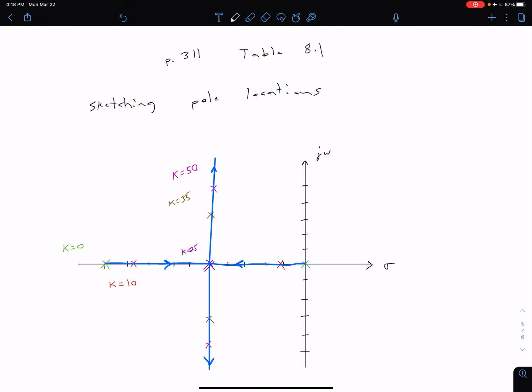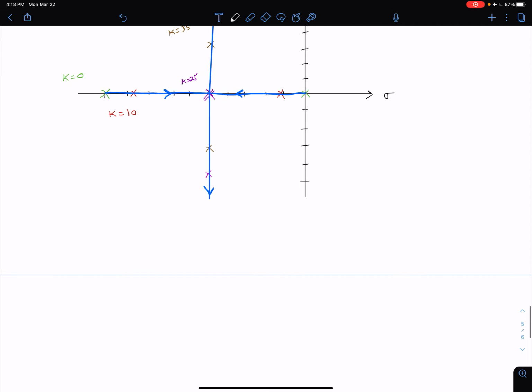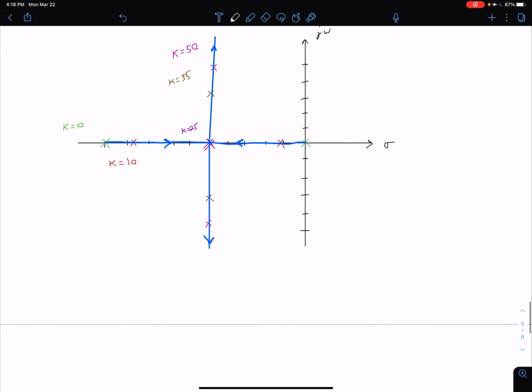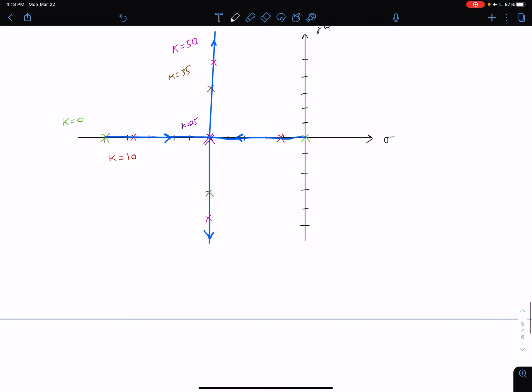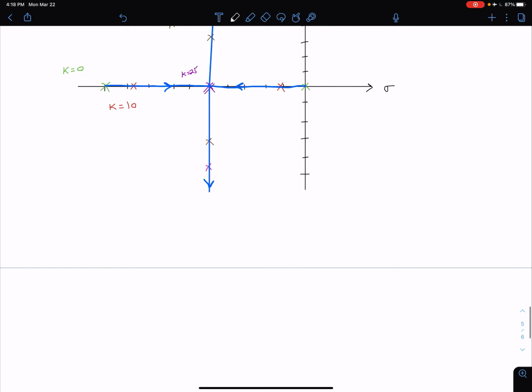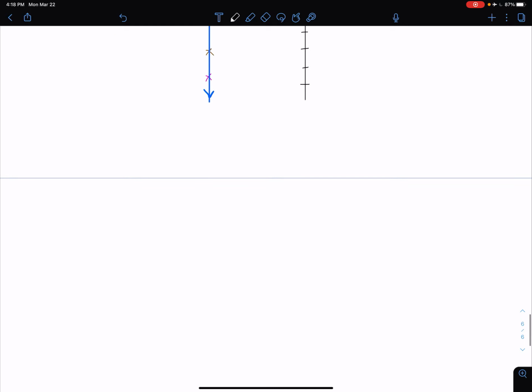There are a couple of things that we can observe from this. We can talk about our response type, and we can talk about specific values of our response as well. We can note that the response is going to be overdamped for k less than 25.